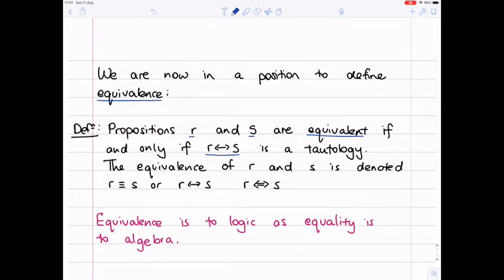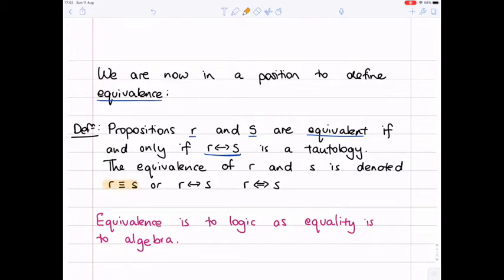So if we take our propositions R and S, whatever they might be, and we check the if and only if table, if that table ends up with ones all down the final column, then we've got a tautology.